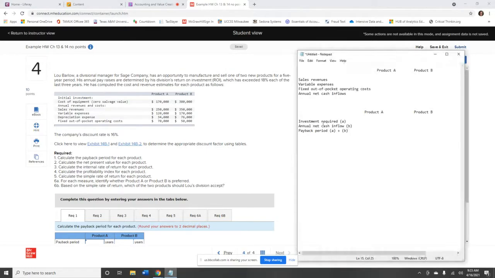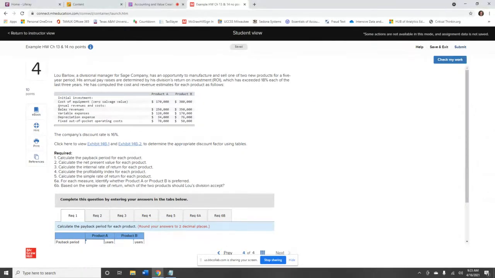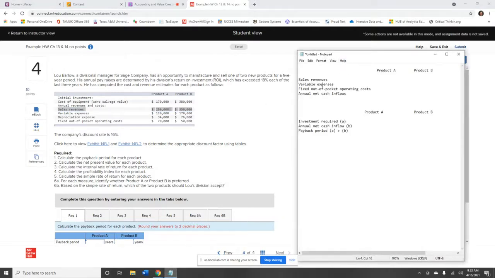So obviously, revenues minus expenses is going to tell me what my cash flows are. So the revenues for each, there you go. Sales revenue for A, it's 250, and for B, it's 350. So just bring up my little handy dandy notepad here. And so for product A, we're going to have cash in of 170, and I'm sorry, that's the investment.